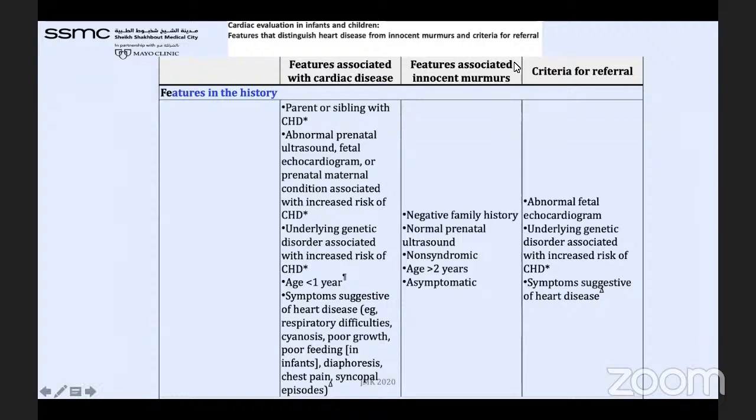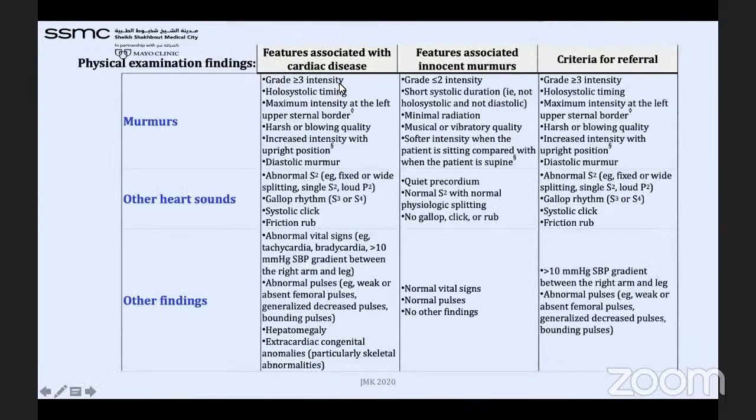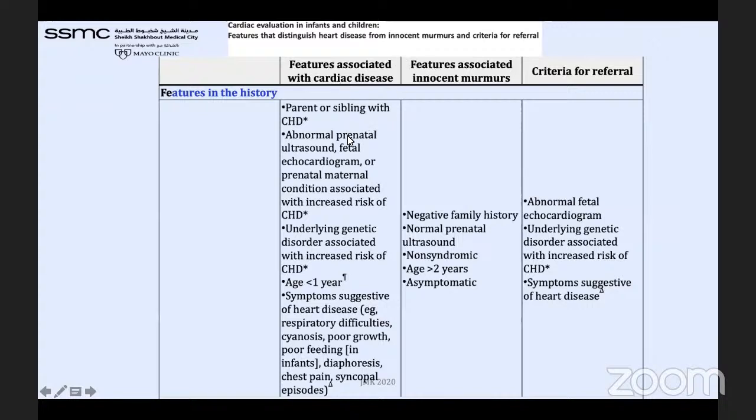Now come to the cardiac evaluation in infants and children. Features associated with cardiac disease, features associated with innocent murmur, and criteria for referral. For example, in the history: parent or sibling with CHD, abnormal prenatal ultrasound, underlying genetic disease, age less than 1 year, symptoms suggestive of heart disease, and all those.